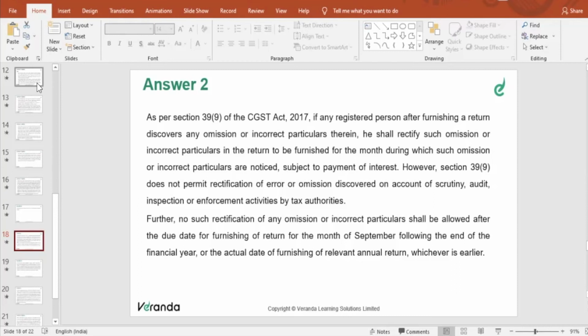Understood. If a government department is doing it, they wouldn't do it simply. They're not going to come and knock on your door and simply issue you a notice that you did not do this or that. There will be an understanding that either you are excessively showing your purchases, or you are excessively showing your sales, or whatever it is.